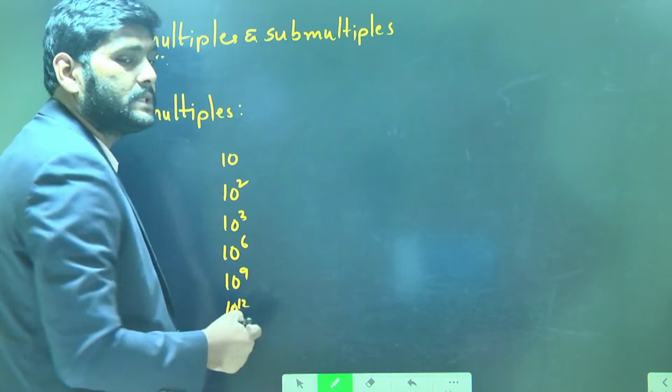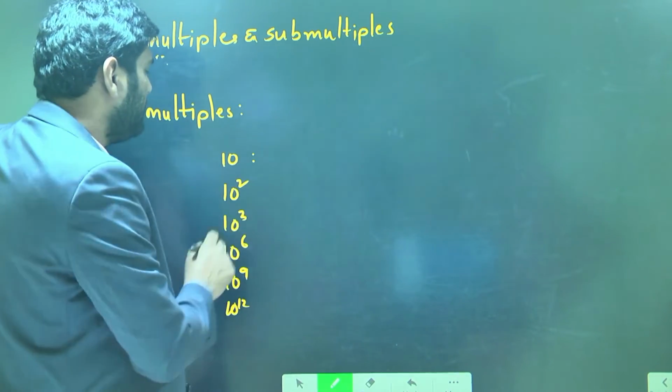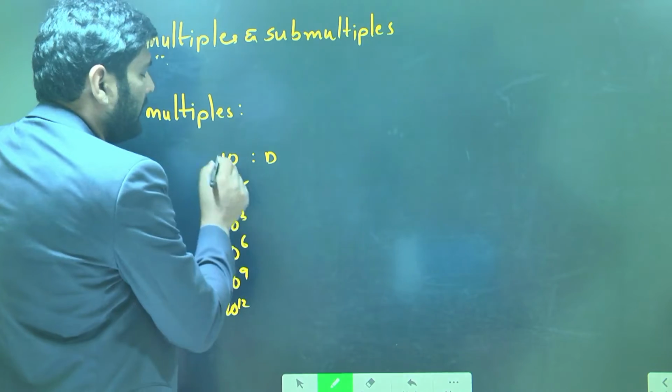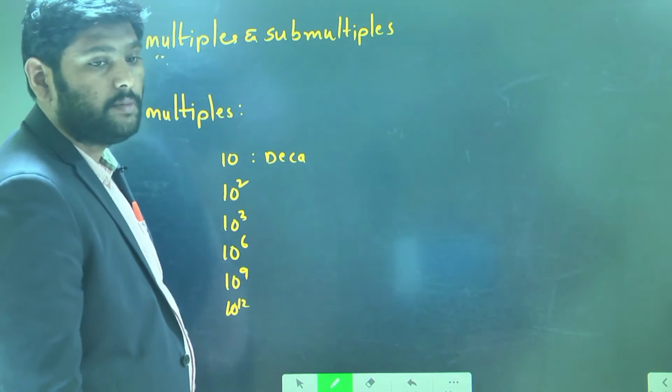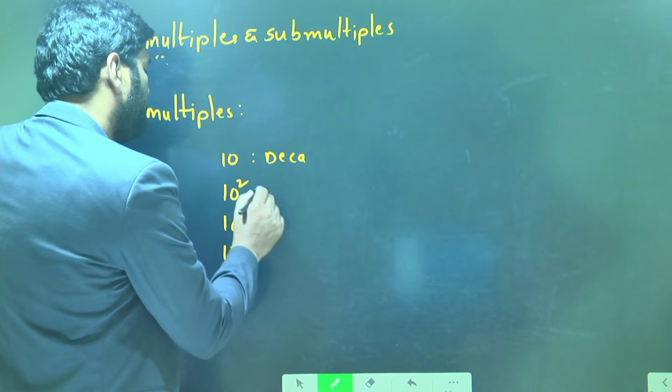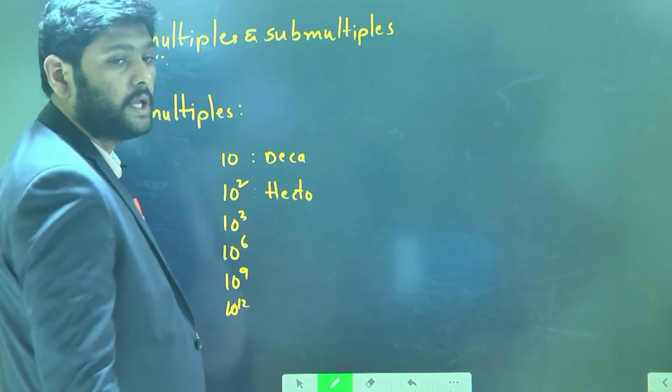These multiples have names. The first one, 10, is called deca. 10 square is called hecto.